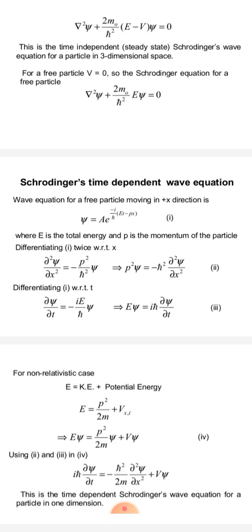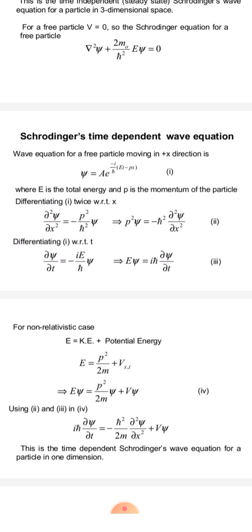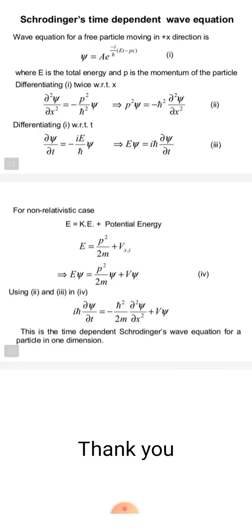Differentiating equation 1 with respect to t, dou psi by dou t equals minus i E divided by h cross psi. So E psi equals i h cross dou psi by dou t. For the non-relativistic case, E equals kinetic energy plus potential energy, E equals p squared divided by 2m plus V(x,t).